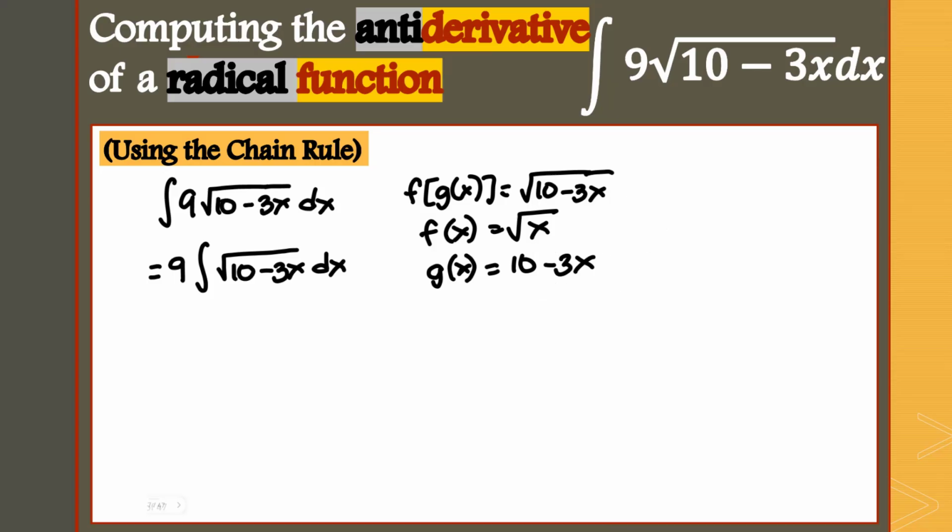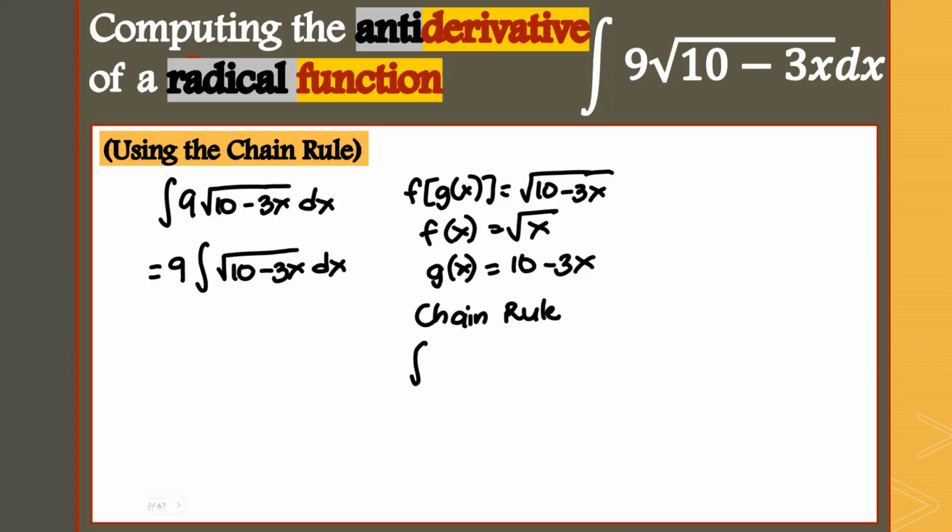With that, the chain rule is applicable because the chain rule is used to find the antiderivative of any composite function. We also have another rule for this, which will be made available in the next video. We will be verifying whether our answer here is the same as the answer later on.